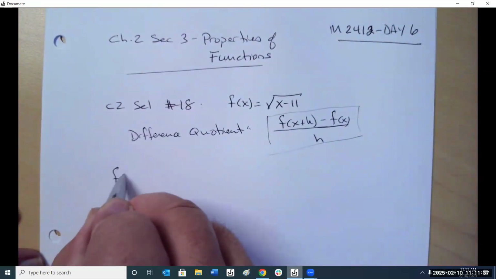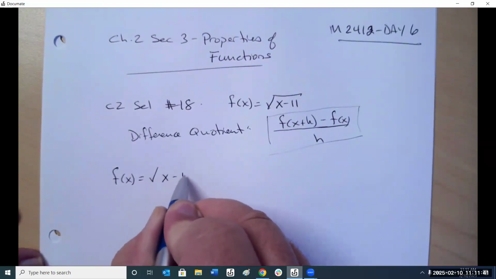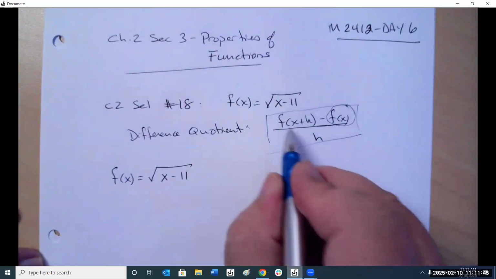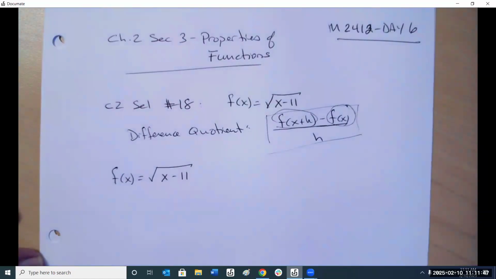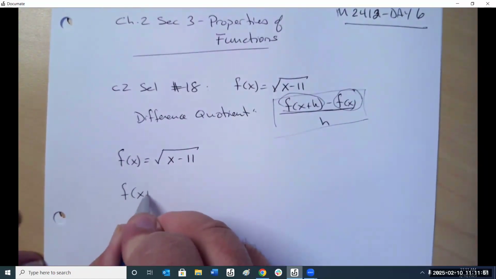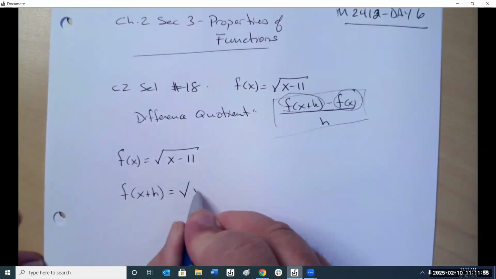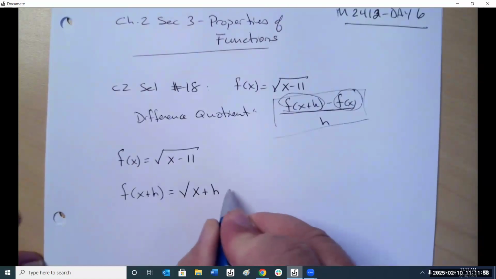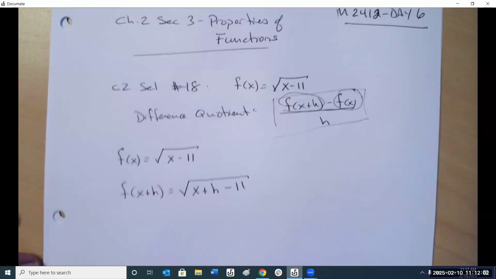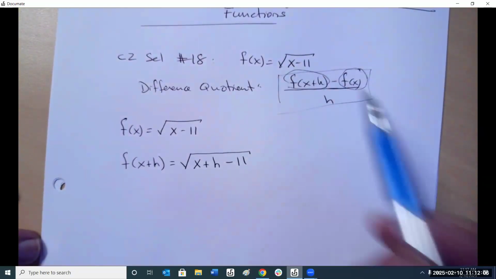So we have f of x. That's the square root of x minus 11. We have to figure out this part first before we go any further. So we have to do the f of x plus h. So anywhere you see x, put a plus h behind it. Now we have the numerator complete.